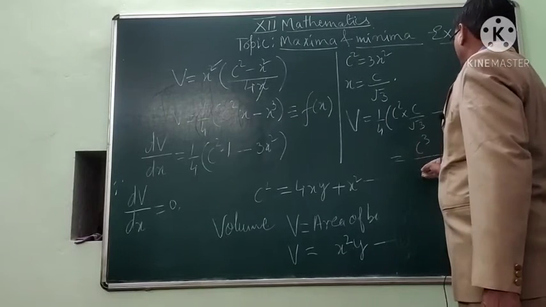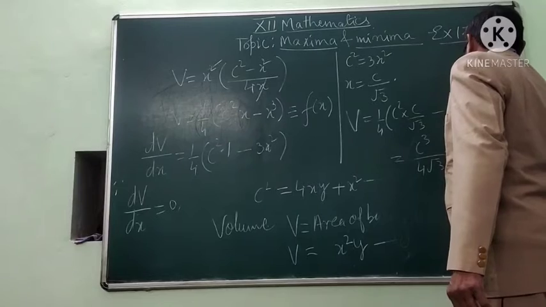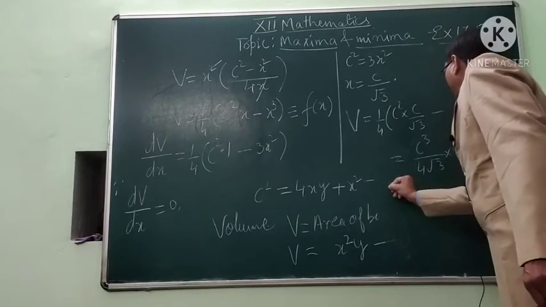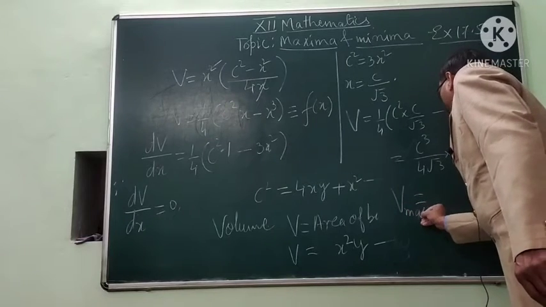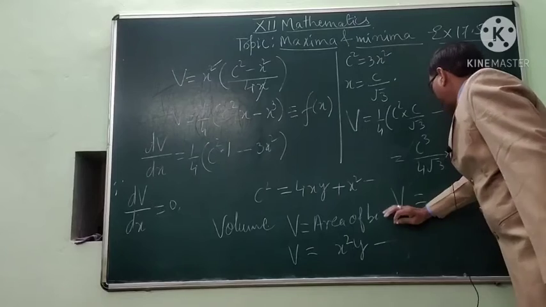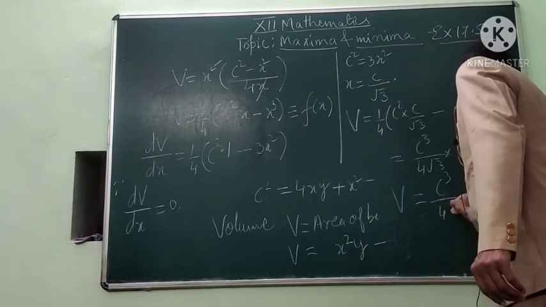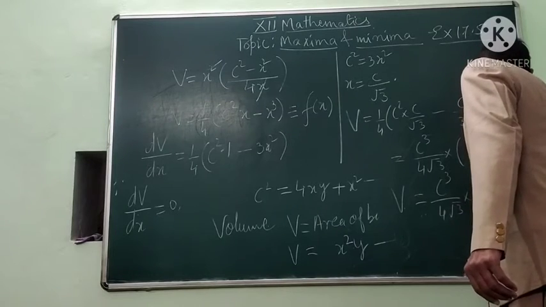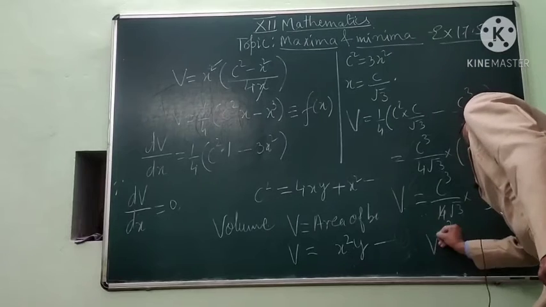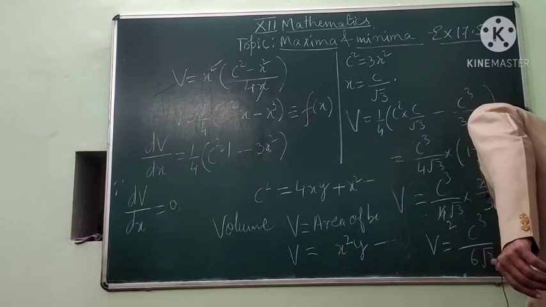C cube upon root 3 common, then it is 1 minus 1 upon 3. Now we will check that V is maximum by the second order derivative. So c cube upon 4 root 3 into 2 by 3, 2 2s are 4. So V equals c cube upon 6 root 3.